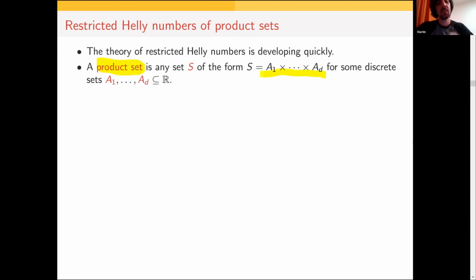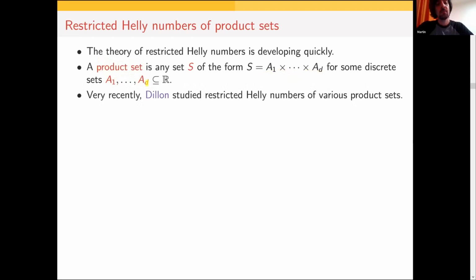So the whole set is discrete, and these sets A1 to AD we can think of as sets that determine coordinates in one of the D directions. In particular, for example, the integer lattice is a product set because I can take each Ai to be just the set of, say, non-negative integers, and then I will obtain this non-negative portion of the integer lattice.